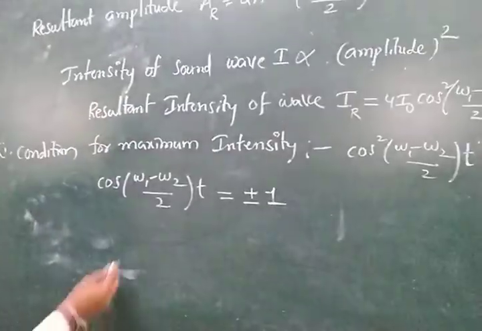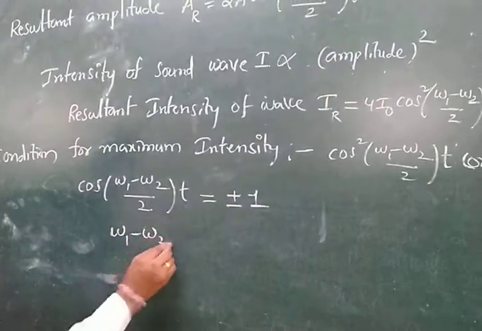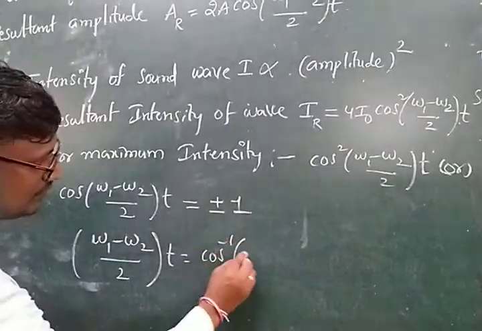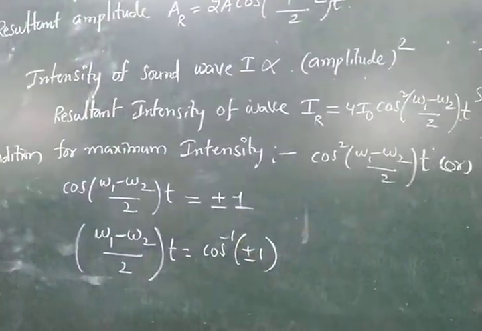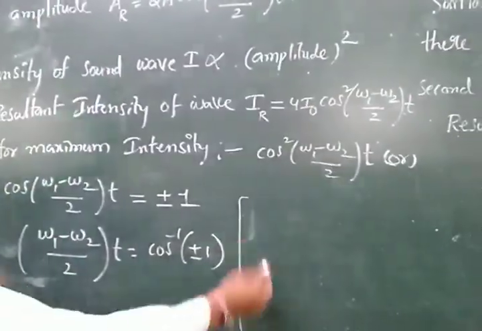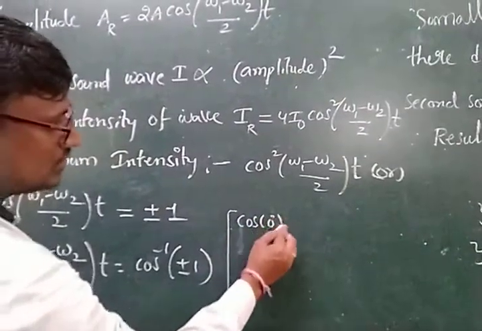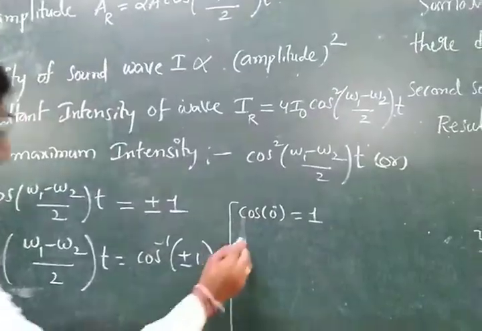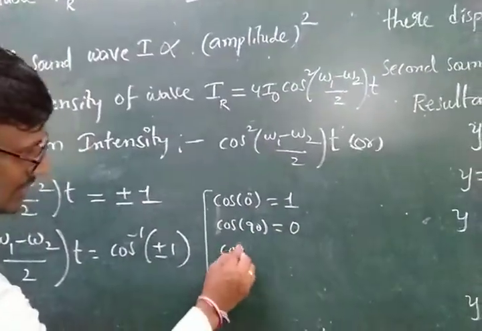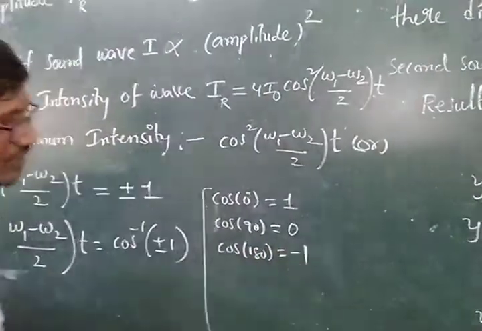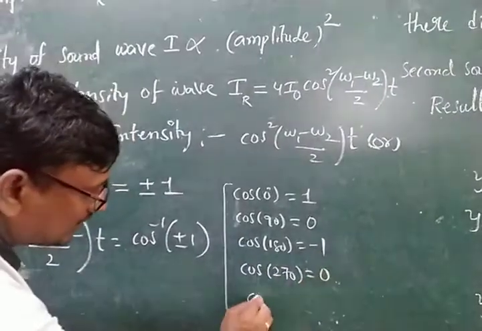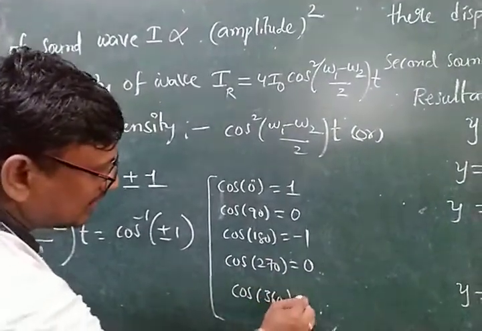Taking the cos to the other side, (omega 1 minus omega 2) by 2 into t is equal to cos inverse of plus or minus 1. We can write the cos values: cos 0 is 1, cos 90 is 0, cos 180 is minus 1, cos 270 is 0, and cos 360 is again 1.